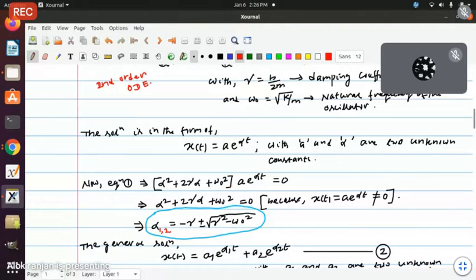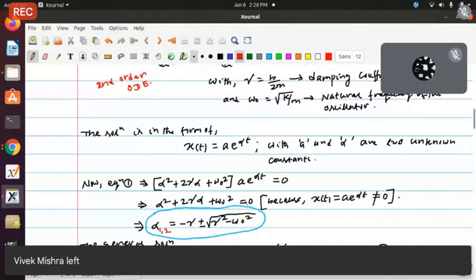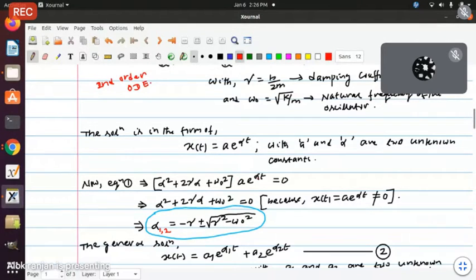But a e to the power alpha t can't be 0, because then x of t equals 0. What does it mean? The oscillator is at its resting position for all time. Therefore it's a trivial solution in mathematical language. So a e to the power alpha t cannot be 0, hence the term sitting in the square bracket is 0.